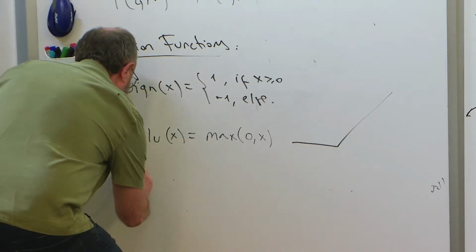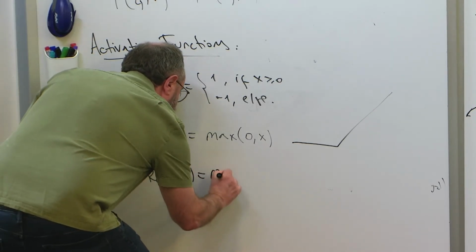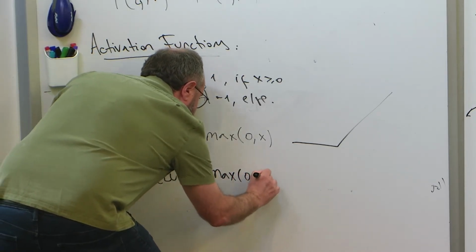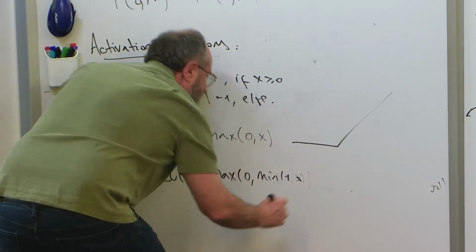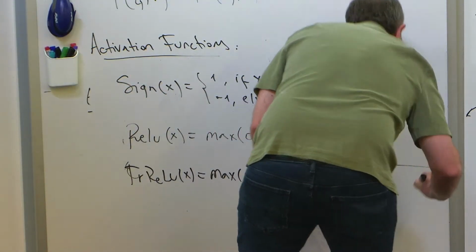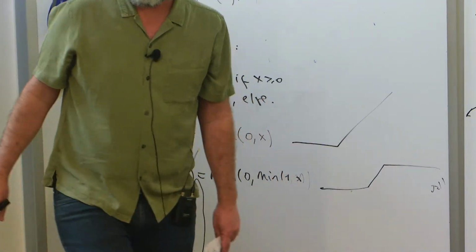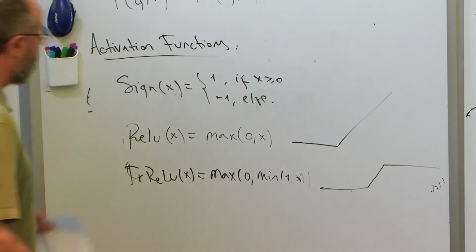And then truncated ReLU of x, which is the max of 0 and the min of 1 and x. It's like ReLU, but it gets truncated at 1. Truncated ReLU. These are some of the activation functions that we will be studying.